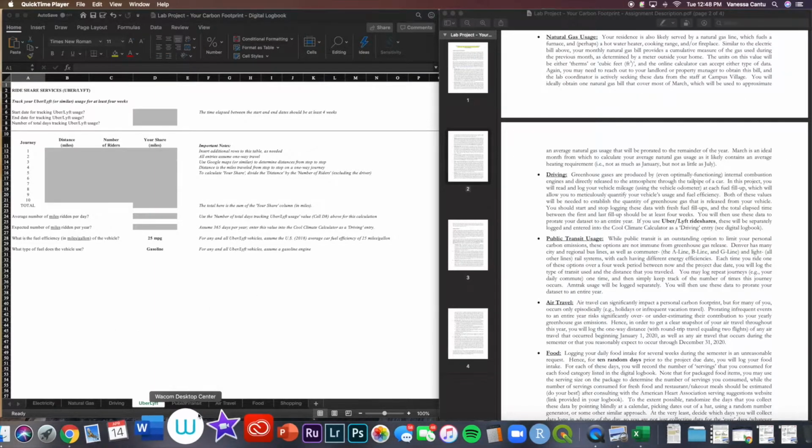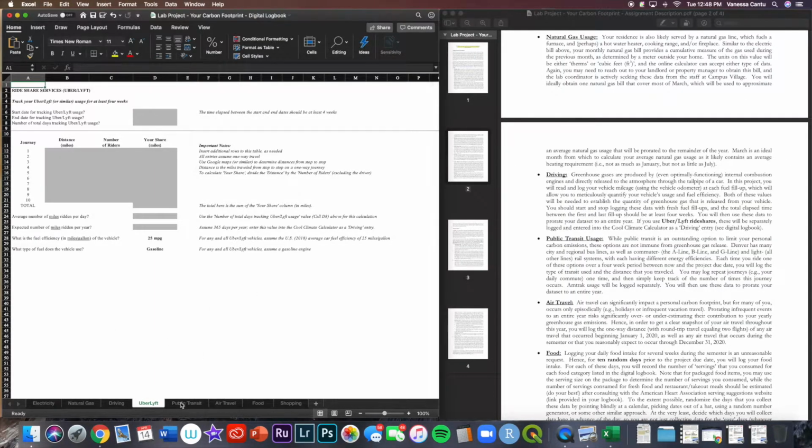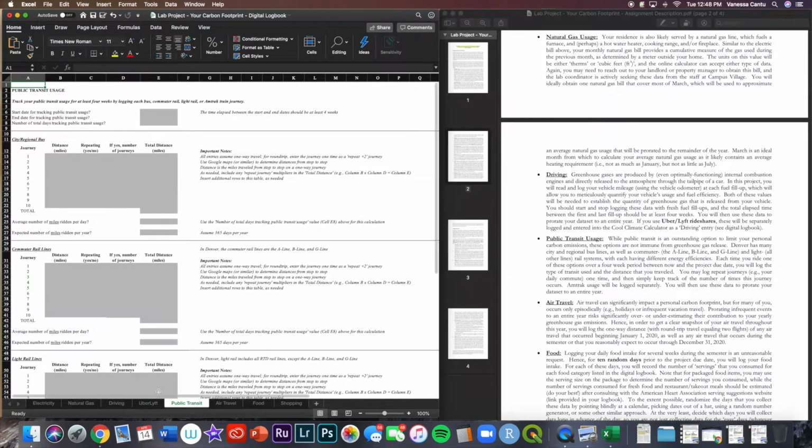Okay, so after you do the Uber and Lyft section, if that applies to you, you can move into public transport. Again, a lot of you might not have this filled out because of our situation, but if you did happen to use it, it's very similar.